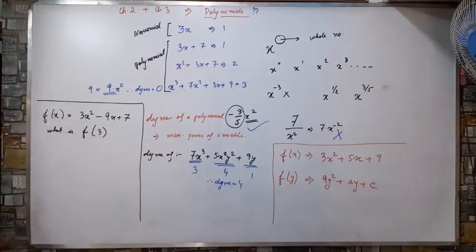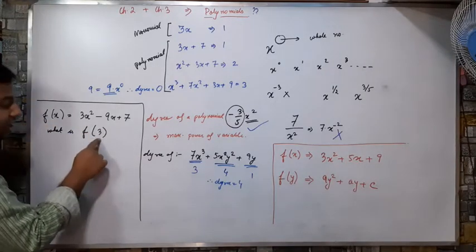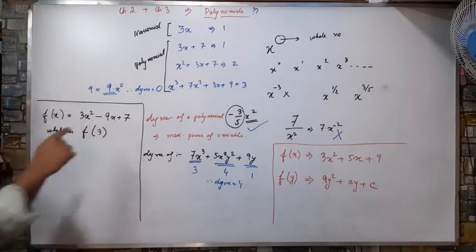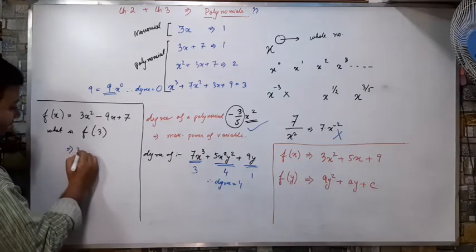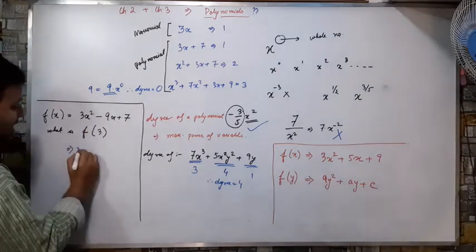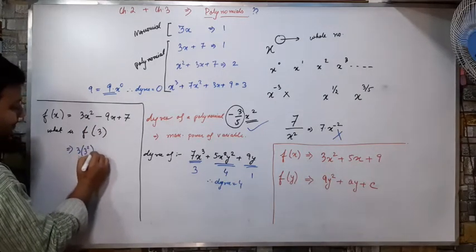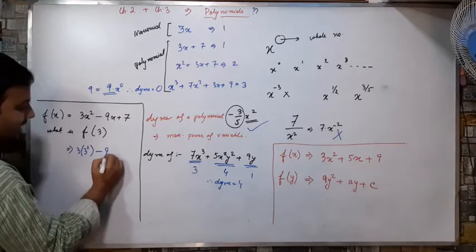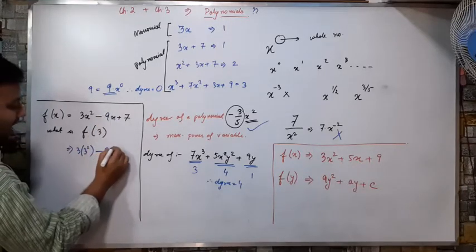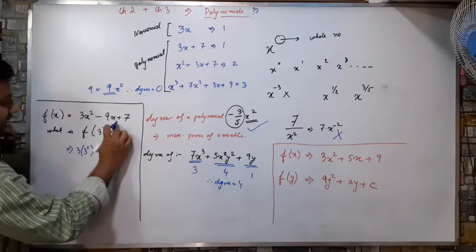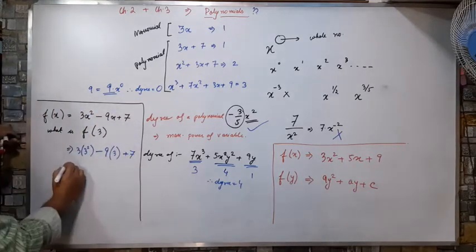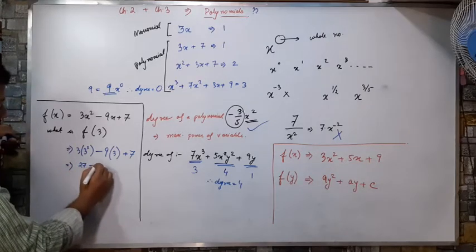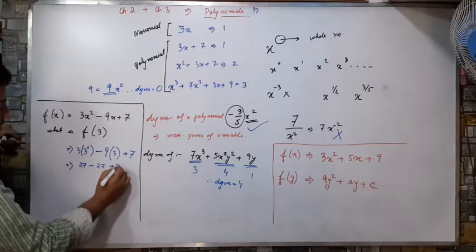So what I will do? I will put the value of 3 in the places of x. How? 3, here x square. So instead of x square, I will write 3 square. Minus 9, I have x. So instead of x, I will write 3. Plus 7, I will write 7 because there is no variable. So I can see here what I am getting. 27 minus 27 plus 7.